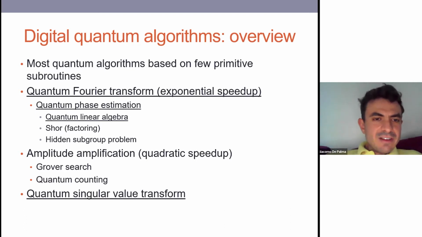And also a generalization of Shor's factoring algorithm that we will not have time to cover in this lecture is the algorithm for the hidden subgroup problem, which is a quantum algorithm that more or less works like this: if you have a function that's defined on a group, and this function is invariant with respect to the action of some subgroup, then this algorithm lets you identify what is the subgroup with respect to which the function is invariant.